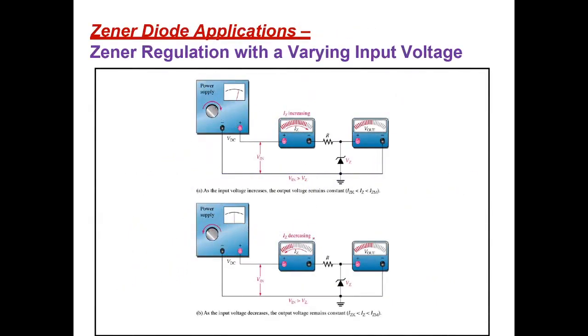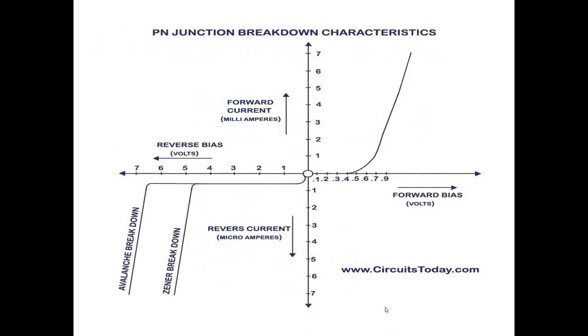What are the applications of the Zener diode? If you observe the VI characteristics of the Zener diode, it looks like this. Once again I will draw. So this will be the case. If you observe, even though there is a small variation of voltage, there is a higher amount of current.